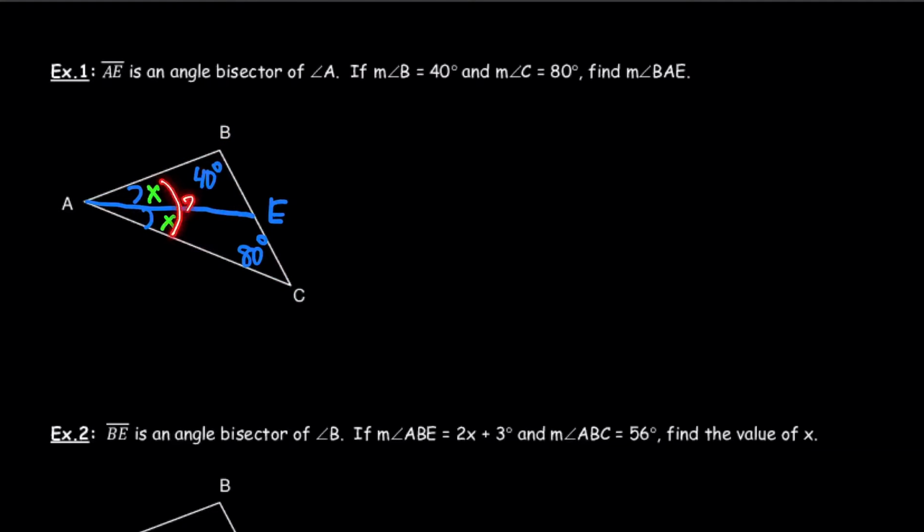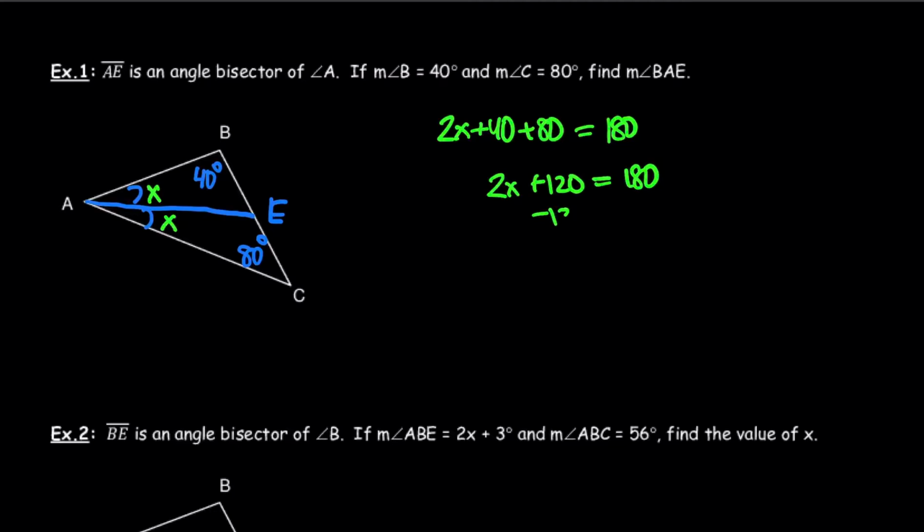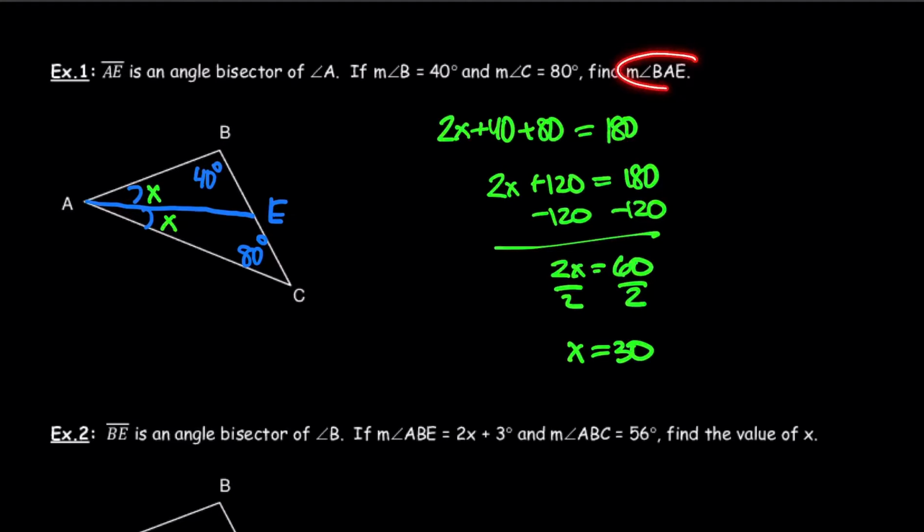You're just going to have to remember that. That's going to give you 2x right there. 2x plus 40 plus 80 equals 180. 2x plus 120 equals 180. Subtract 120. 2x equals 60, divide by 2. X is 30. The question wants you to find the measure of angle BAE, but notice we represented that with an X, so that is the measure of angle BAE.